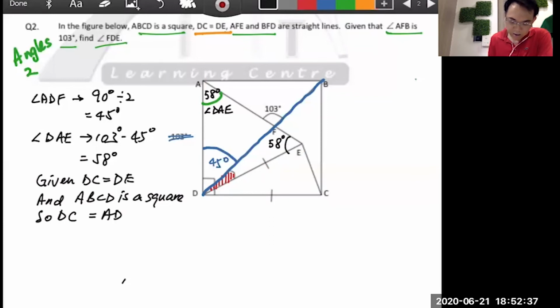This means that AD is equals to DC is equals to DE.